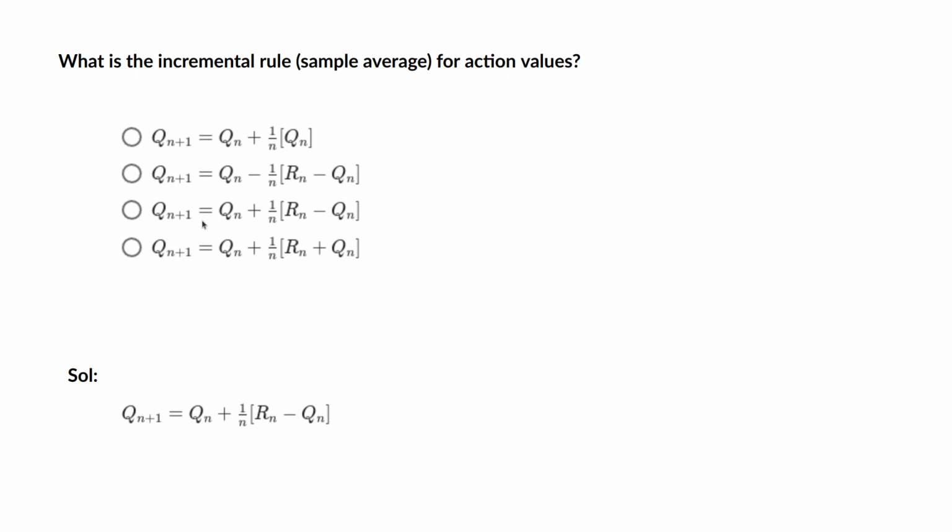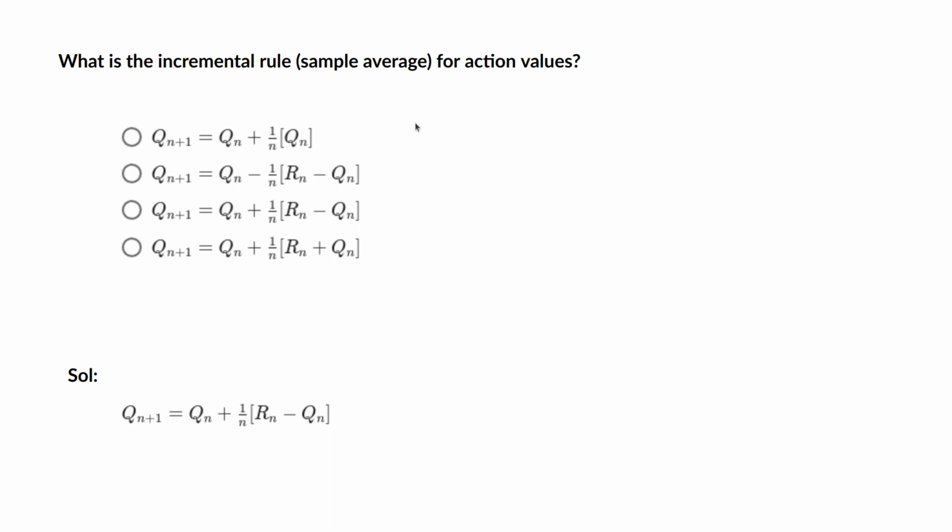We call it a learning rate in machine learning and deep learning when you backpropagate error. So here it is also similar to that. Whenever you update the next Q value, it is the previous Q value plus what you have predicted and what is true, that estimation, how much you are wrong, into some learning factor 1 by n. So this is the solution for the incremental rule.